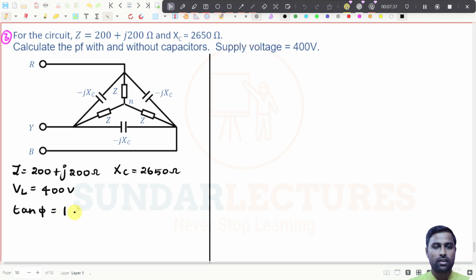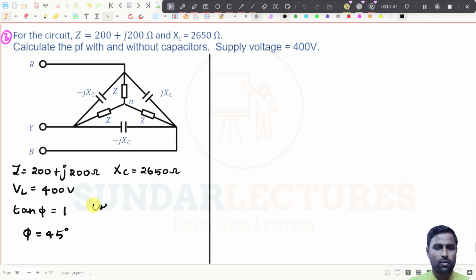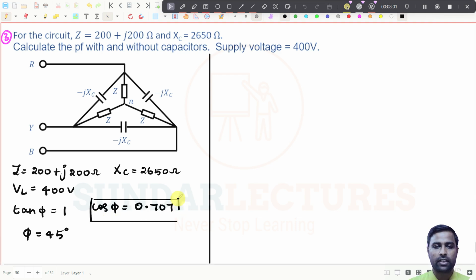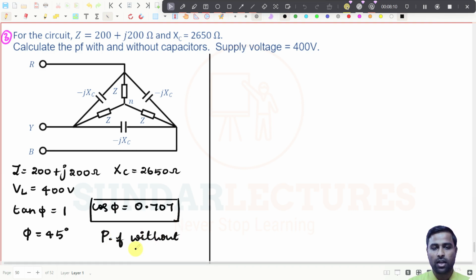So what is the value of phi? Phi will be equal to 45 degree, and so cos phi will be equal to 0.707. Just convert this into polar form, then obviously you will get it, or you can do it like this too. Anyhow, everything is the same, but you will get cos phi equal to 0.707. So this is the power factor without capacitor. Simply, you don't need to do anything.